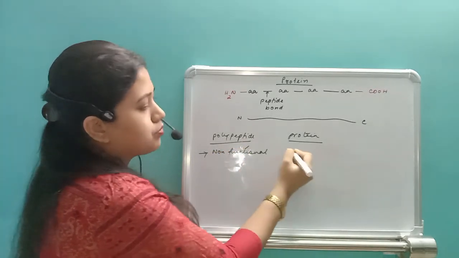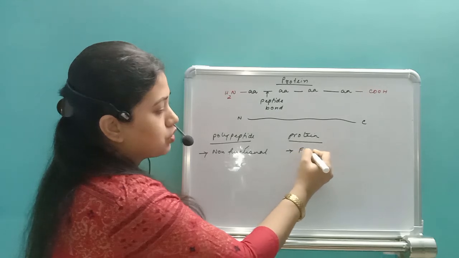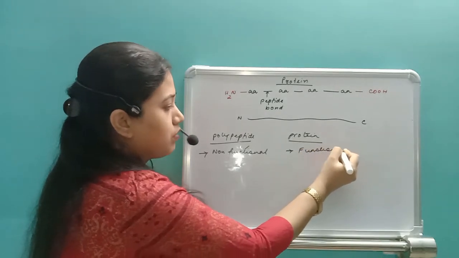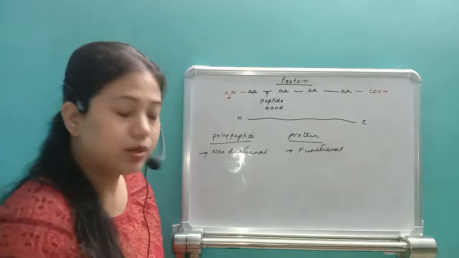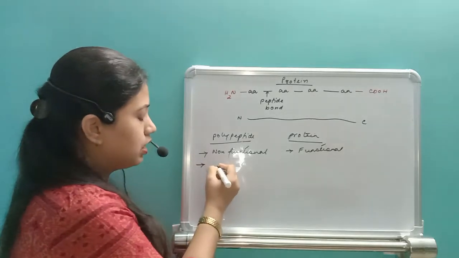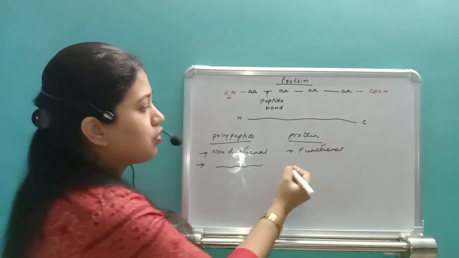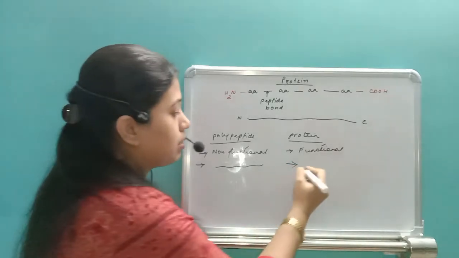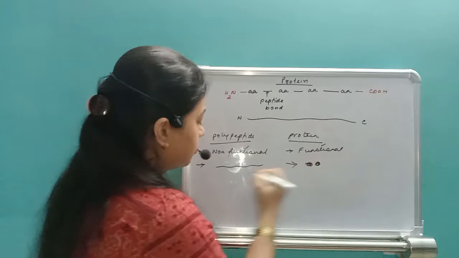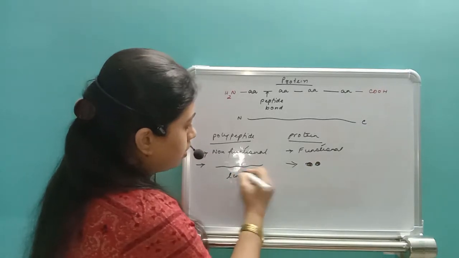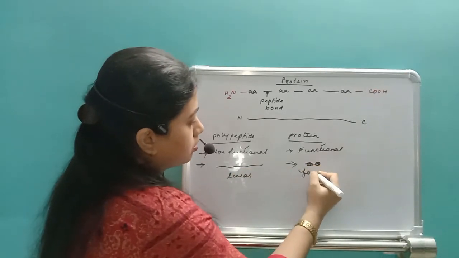But whenever it comes to the protein, it is the functional one. Second thing, a polypeptide will have just a linear structure like this. But in case of the proteins, it can be folded, like this. So this will be linear, and this will be folded.